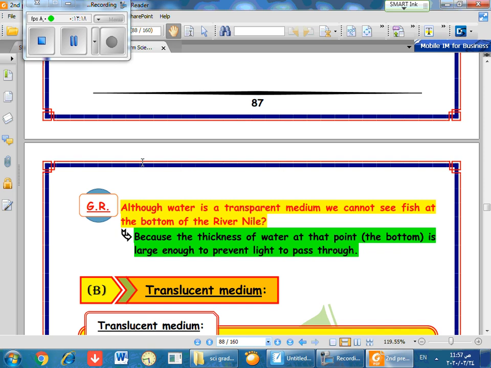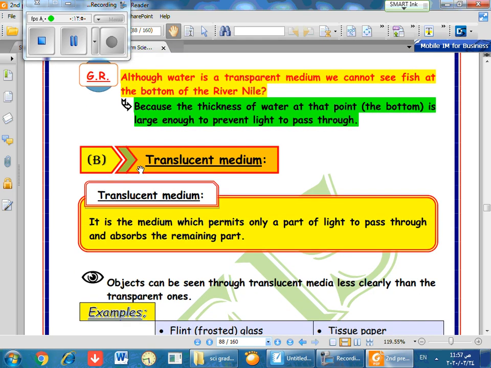But if you increase the number of glass sheets, you can't see the title. Why? Because by increasing the thickness of the transparent medium, the amount of light passing through it decreases until it looks like an opaque one.